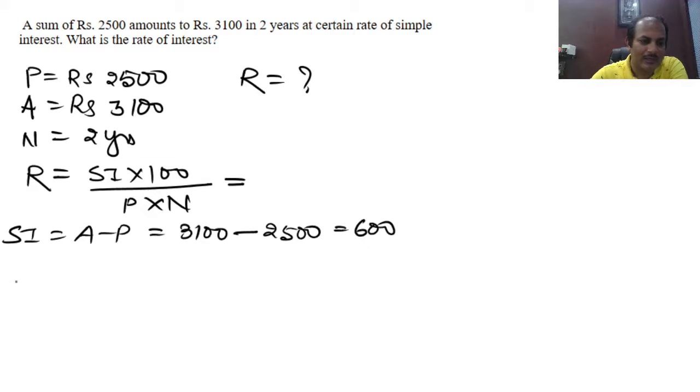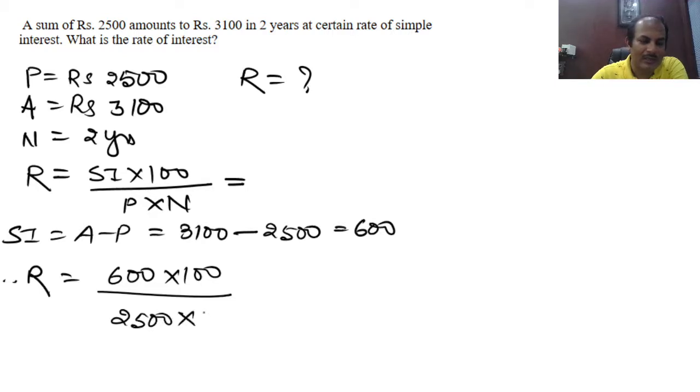Therefore, I can write R is equal to SI, that is 600, into 100 upon P, that is principal is rupees 2500, into N. N is 2 years. Okay, can I cancel these two zeros? Yes, I can cancel.